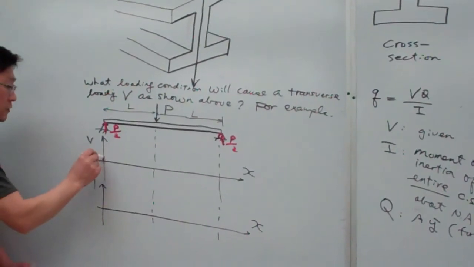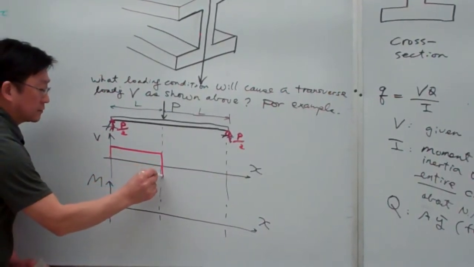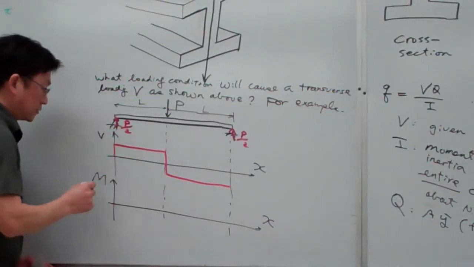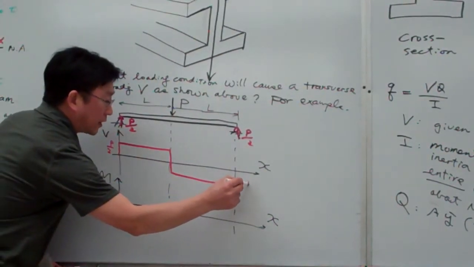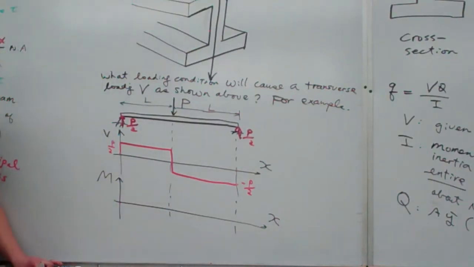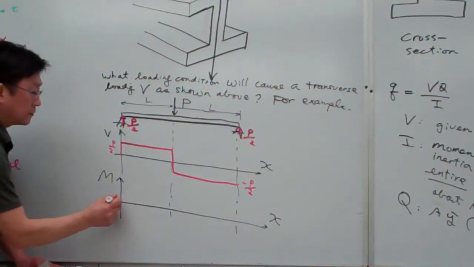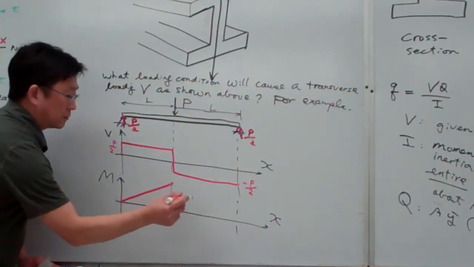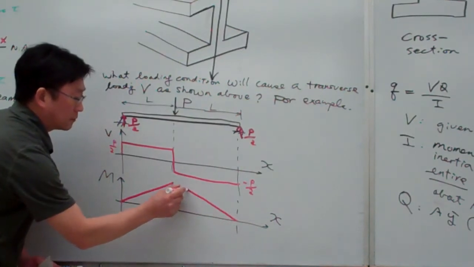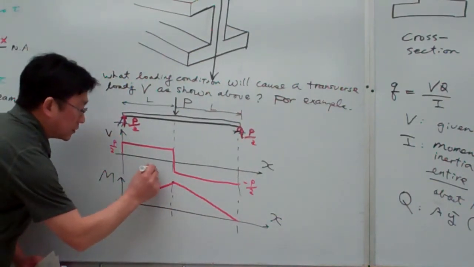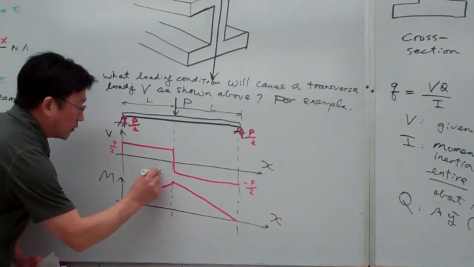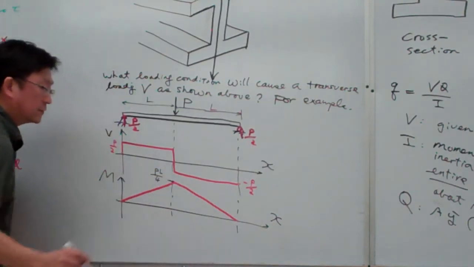So here we can draw the shear diagram like this. The magnitude is P over 2 and here is minus P over 2. For the bending moment, the magnitude here is PL over 4.